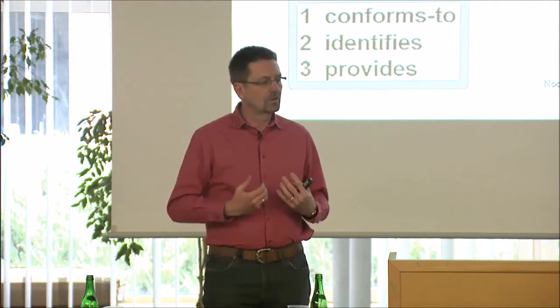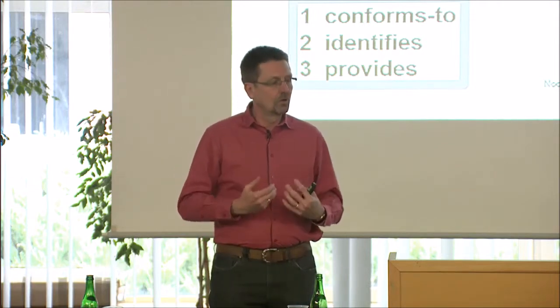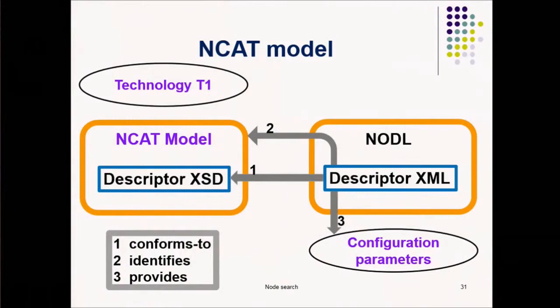Part of the NCAT model is the schema of a model descriptor. A model descriptor is an element providing all configuration parameters which are finally used to put this into practice in relation to a particular actual collection. A nodal contains exactly one NCAT model descriptor.